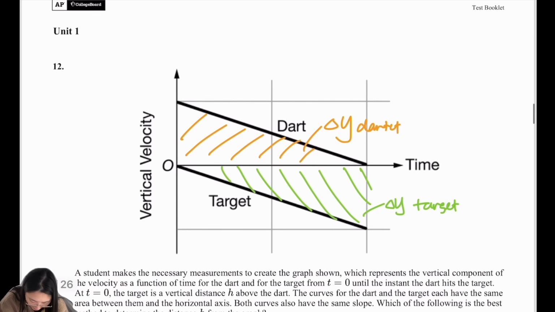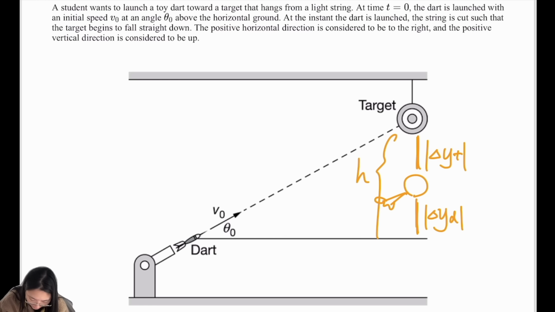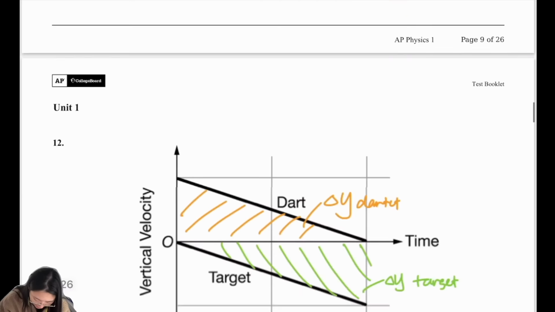So when they meet each other, let's say the target is here and the dart is here. This is delta y target and this is delta y dart. Of course one is positive and the other is negative, but when we take the absolute value of both of them, they add up to the total height h, the vertical height between the target and dart at the beginning.